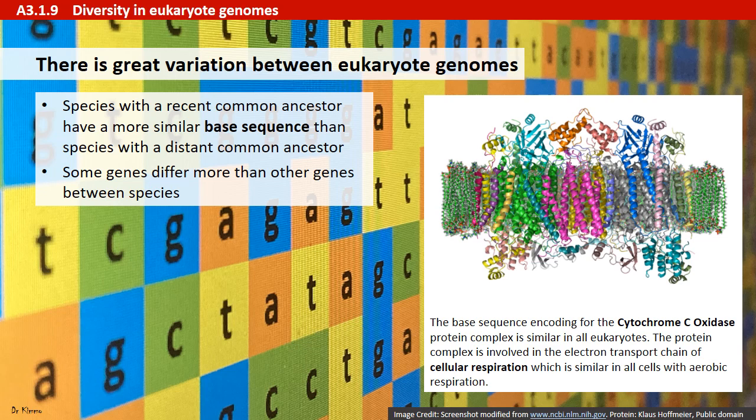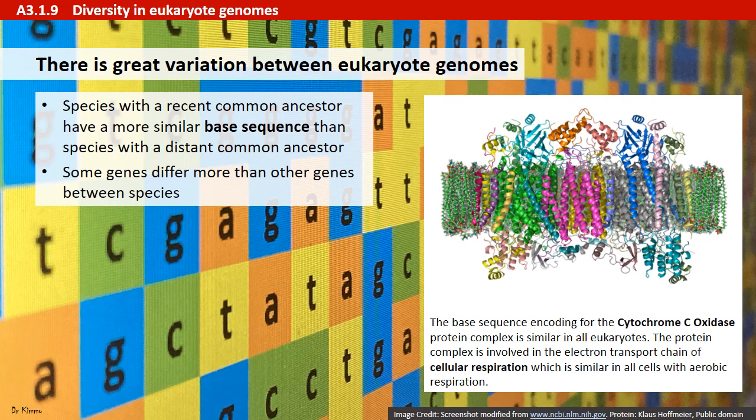Now, the base sequence encoding for this protein complex is similar in all eukaryotes. It's a protein complex involved in the electron transport chain of cellular respiration, and this is a very old mechanism, and it's similar in all cells with aerobic respiration. So you cannot expect big differences in the base sequence encoding for this protein complex in humans versus any other species with aerobic cell respiration.